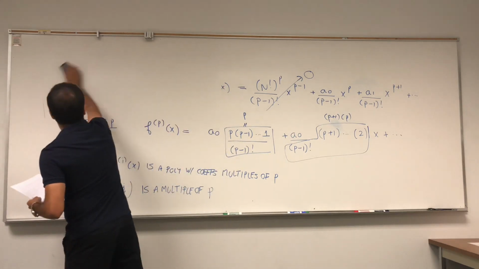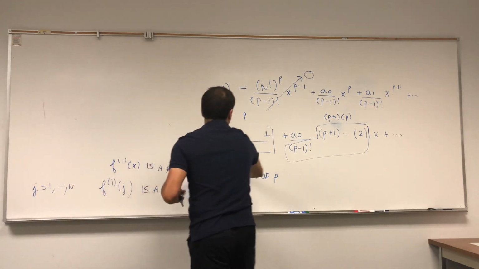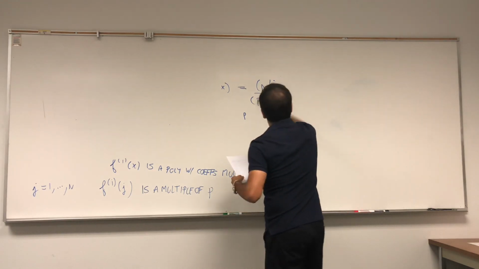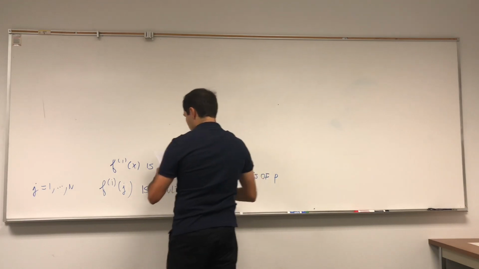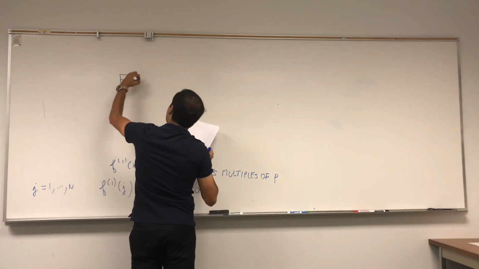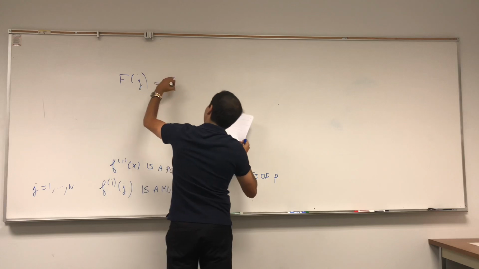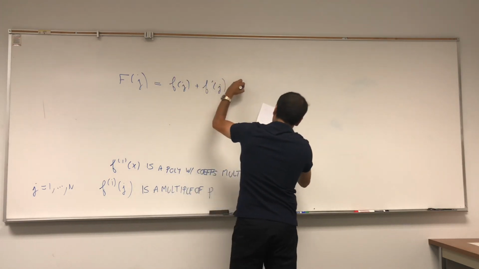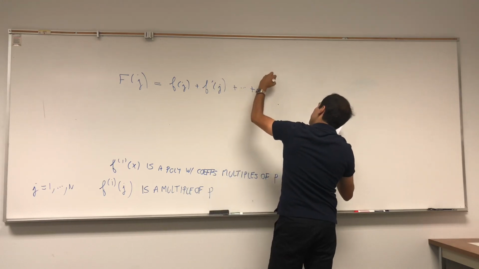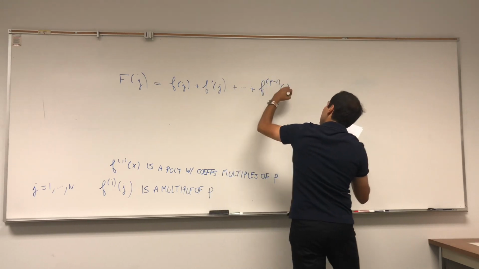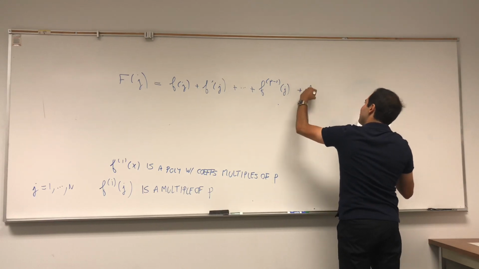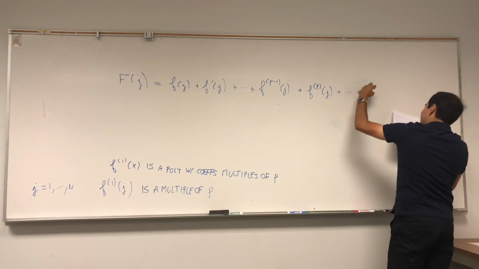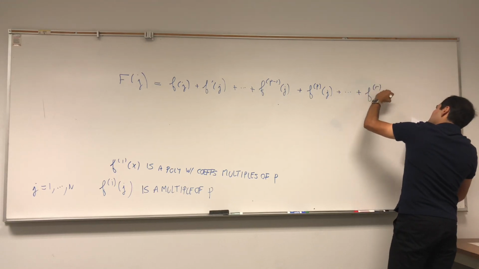So in the end, again, just to summarize, we have the following. F of j, which is again f of j plus f prime of j plus ... plus f to the p minus 1 of j plus f of p of j plus ... plus f of r of j.